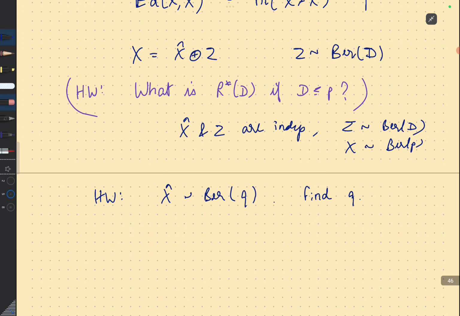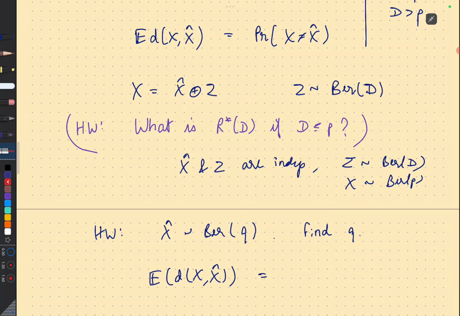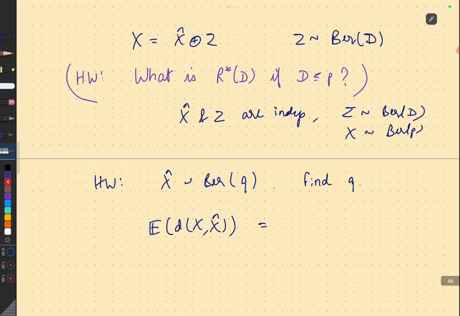So first, what is the expected value of d(x, x hat)? In this case, when is x going to be equal to x hat? When z is equal to 0, right? So x is equal to x hat if and only if z is equal to 0, and it is going to be not equal to x hat if z is equal to 1.